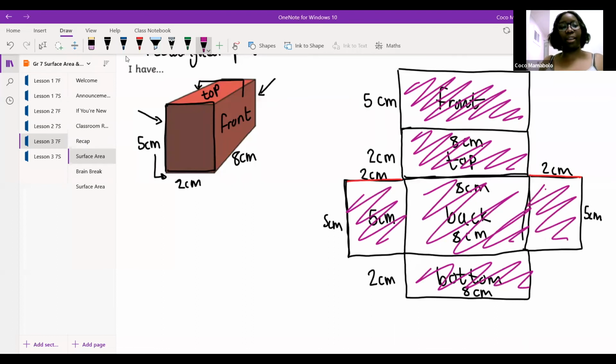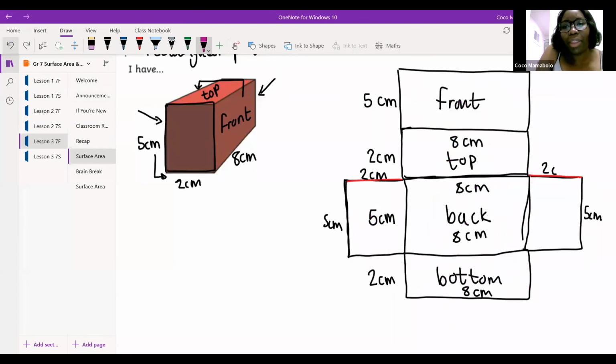And we're going to have to take them all and add them together. Okay, thumbs up, thumbs down. Do you guys think you can do that? I don't think it's that hard. Do we remember the formula for area of a rectangle? The formula for a rectangle is A is equal to the length times the breadth.